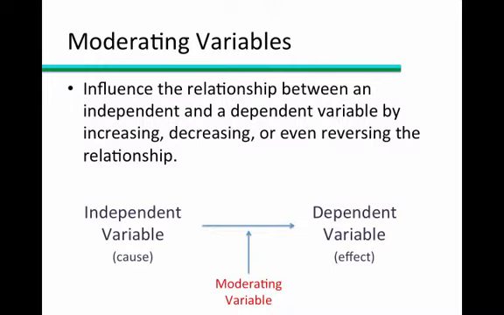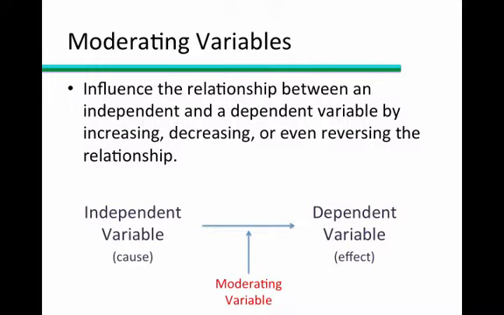You probably learned the rule I before E, meaning that when appearing next to each other, the letter I would always come before the letter E. However, there was one exception to that rule that modified the relationship between I and E, and that was when the letters came immediately after the letter C. I before E except after C. In this case, except after C is acting kind of like a moderating variable to the relationship between the letters I and E.